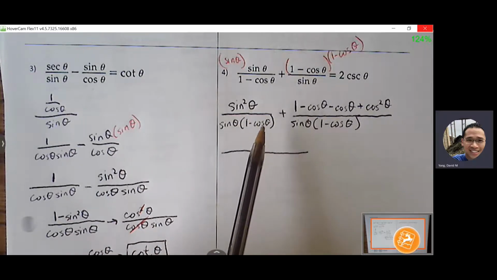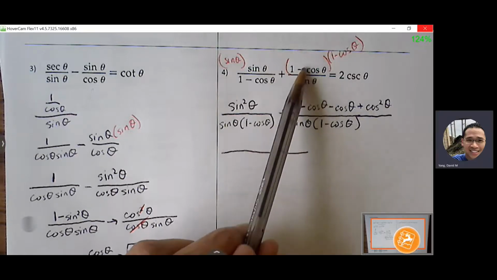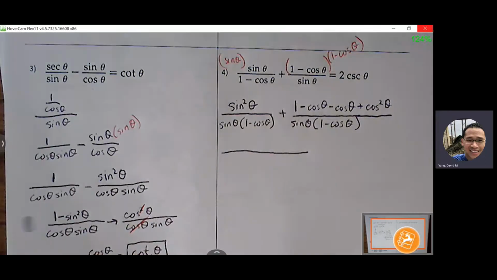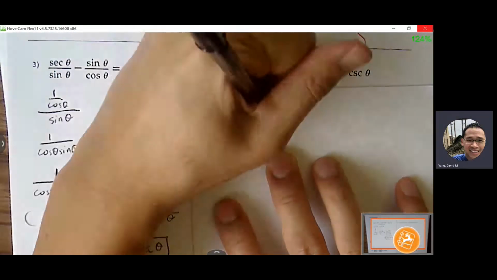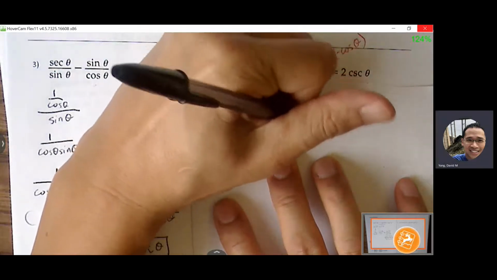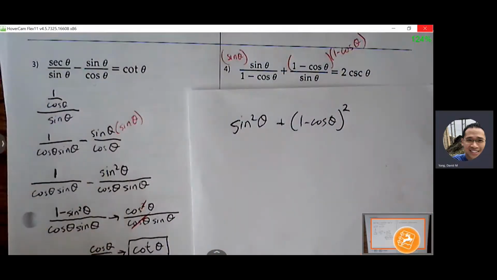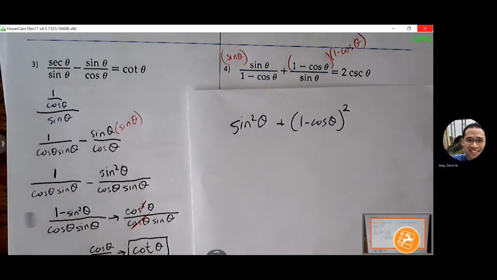I mean, it's just sine squared plus 1 minus cosine squared. You mean like this? I'll show you my paper. This is what I did. So this is not the same thing as 1 minus cosine.